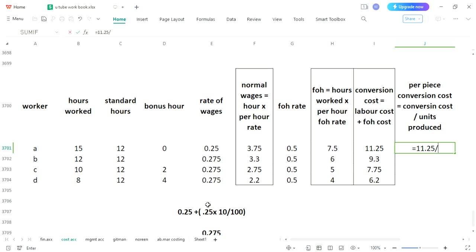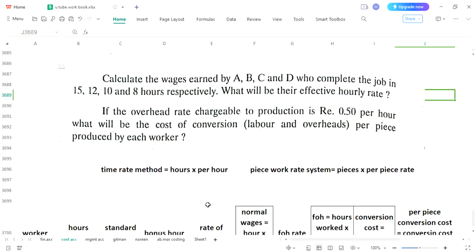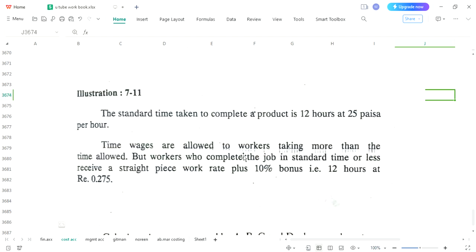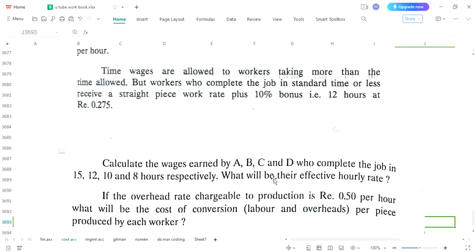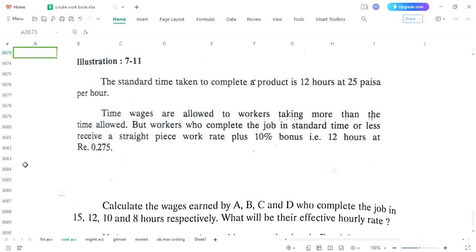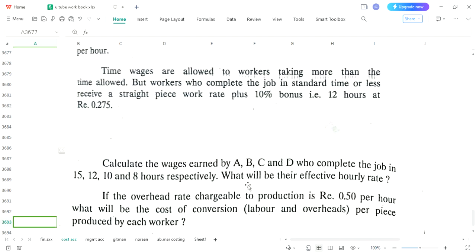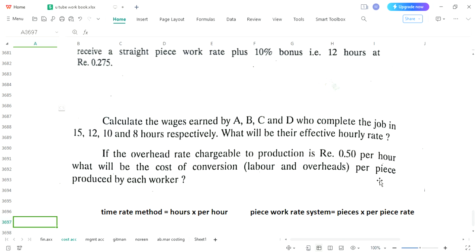And for this we will go back to the question and we'll observe where the number of units produced is. Okay, 12 hour 25 paisa, workers complete the job standard time, not mentioned any number of units. All right, so you can see in the whole question units are not mentioned, how many units they have produced from here to the last of the question, per piece produced by each worker.